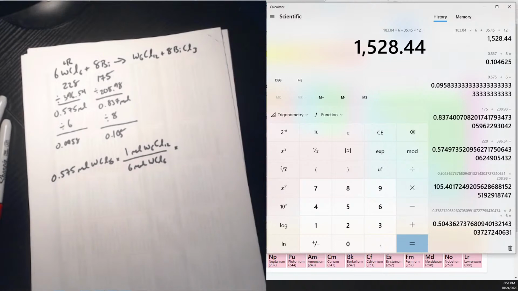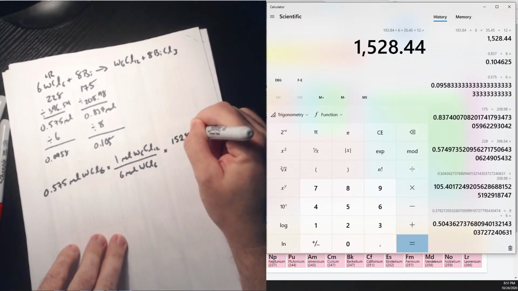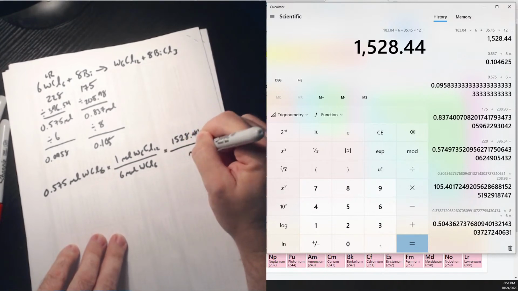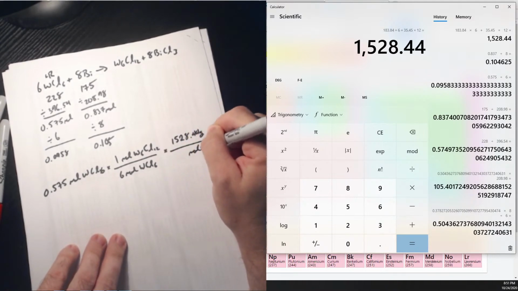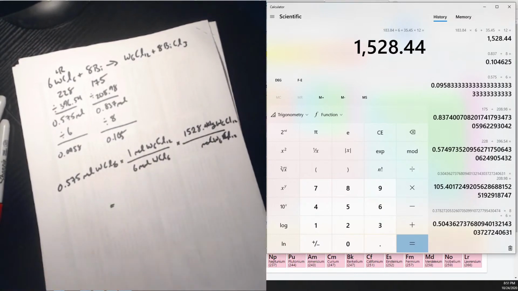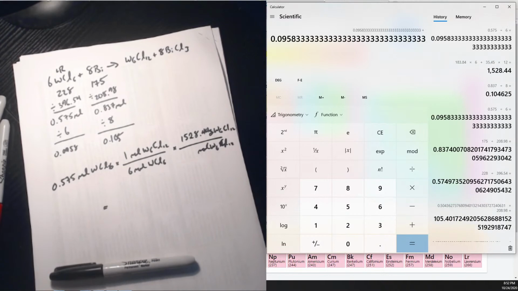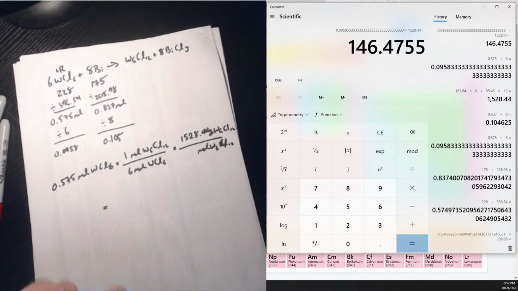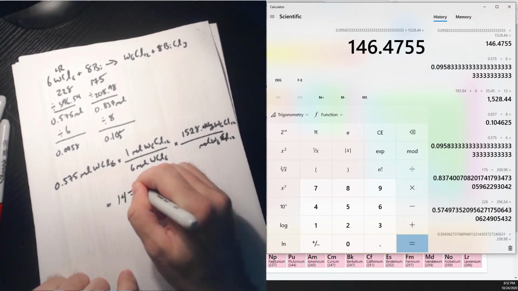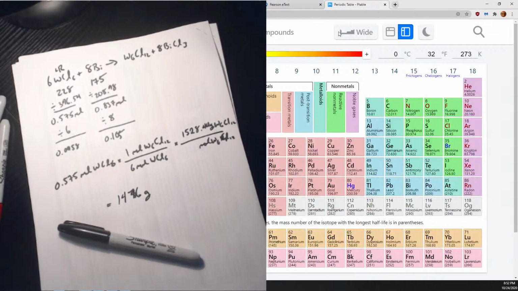So the molar mass of this guy is 1,528.44 grams per mole. So 0.575 divided by 6 times 1,528.44 is 146 grams. All right. So let's double check that.